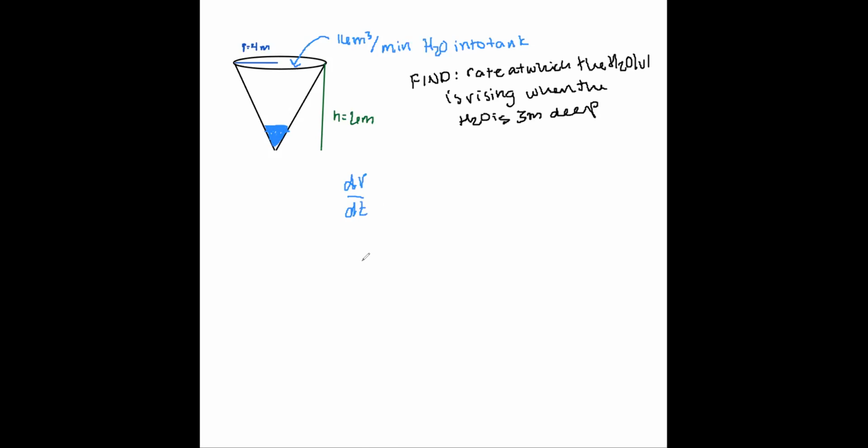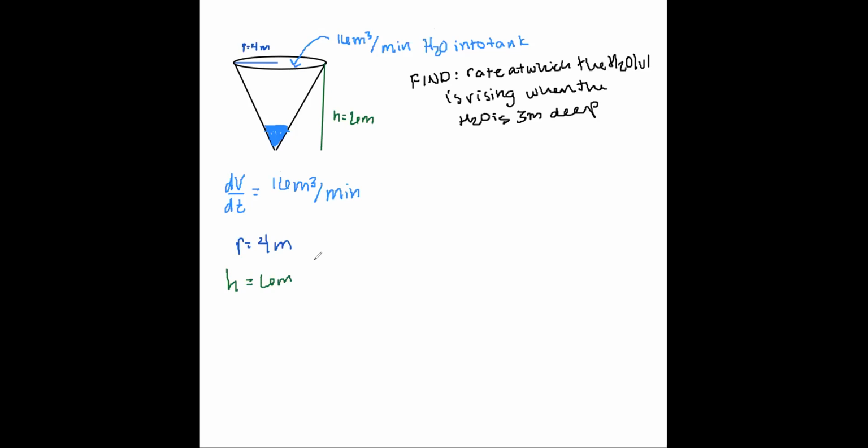What is dV/dt? What else do we have? We have our radius. We have our height.